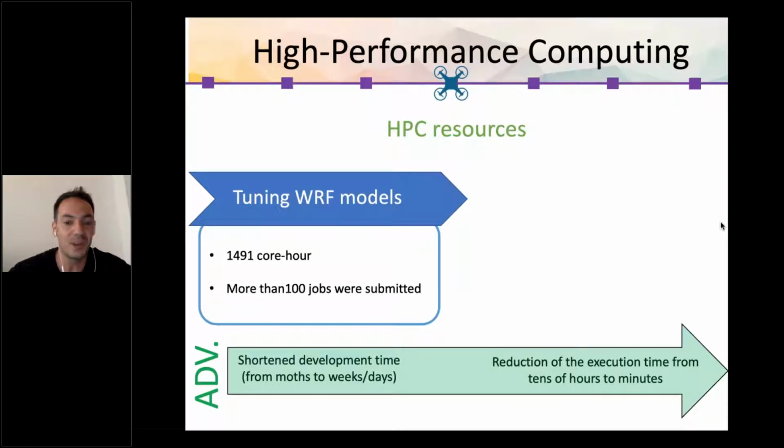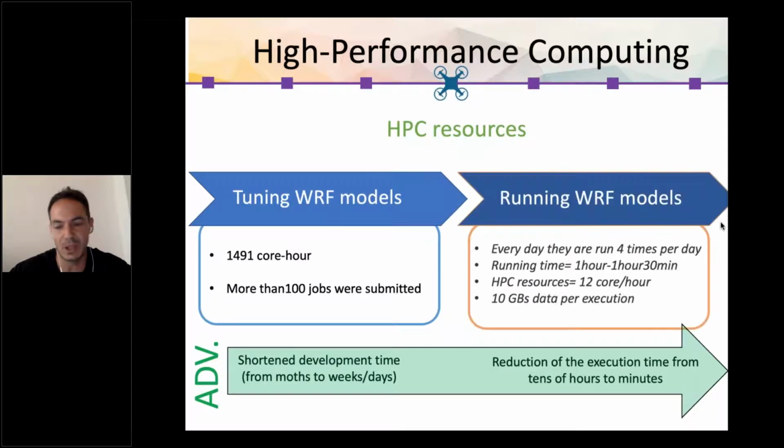So it was quite fast to check if everything was going right or not. And now that we have fixed the parameters, we are running our model 4 times per day. That's something that you can change for sure. The running time of our model is 1 hour and 30 minutes, because we are using now 12 core hours.